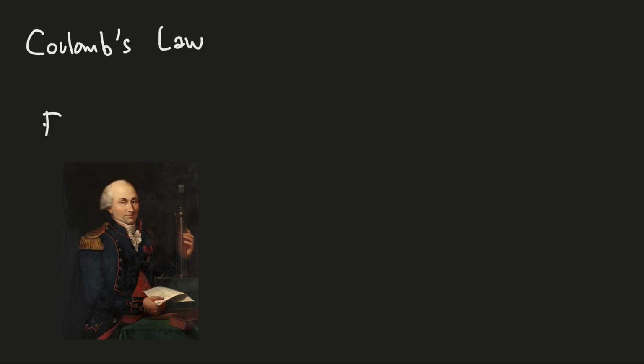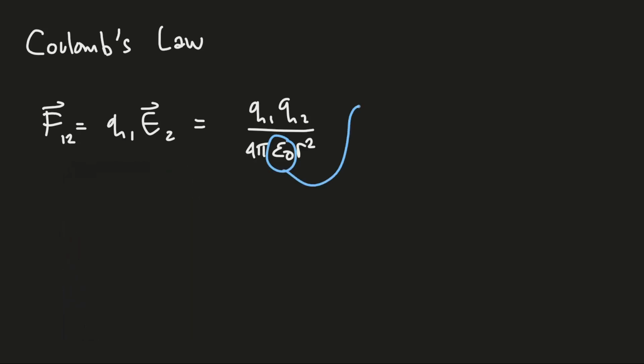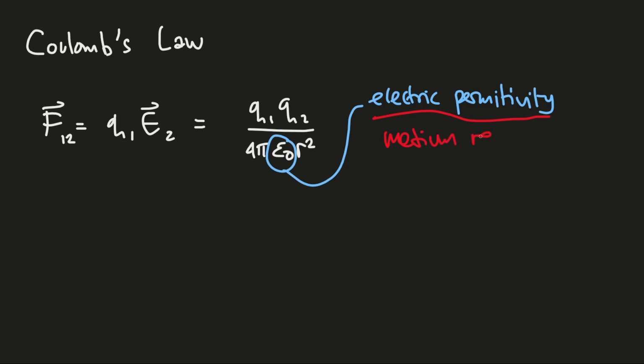This law, known as Coulomb's law, states that the force from electric interaction equals Q1 multiplied by Q2, with the inverse square law, and a constant involving epsilon, which relates to electric permittivity and the medium's response to electricity.